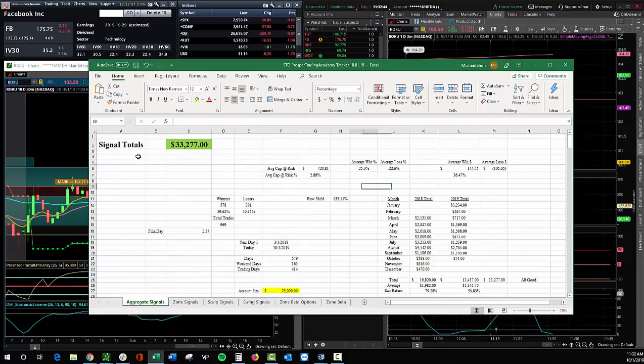Our average capital at risk has been just under 3%, because we allocate differently for some things. The average win rate is 25.3, the average loss rate is 22.6, but realize that's because of how swing trading is looking.